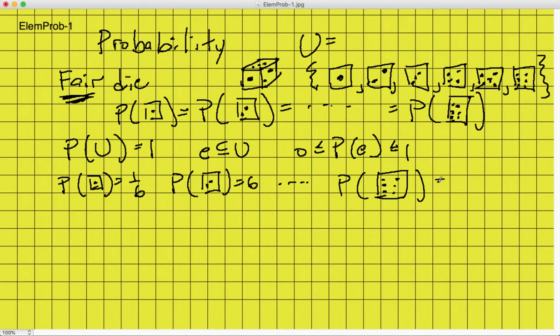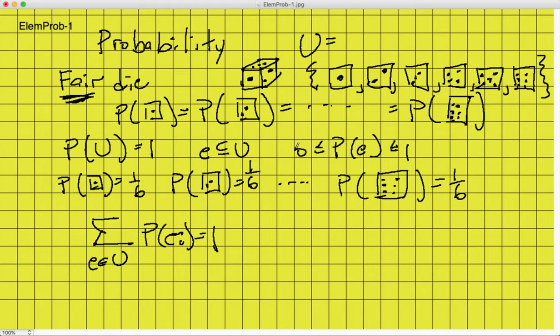We note that if we sum over E_i contained in the universe the probability of E_i, that is going to equal 1, and if we add up 1/6 plus 1/6, and there are 6 of these, that's going to be equal to 1 as well.